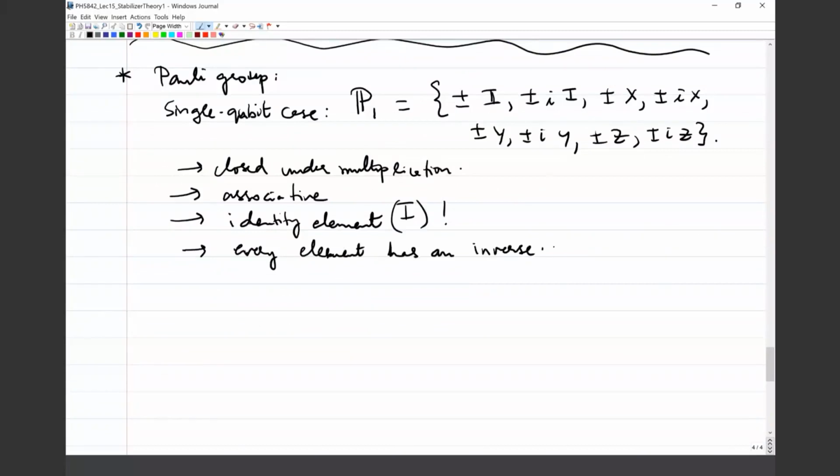So this forms a group under multiplication, that is standard matrix multiplication, but it is not a commutative group. It is not an abelian group. It is a non-abelian group. Non-abelian simply means that not all elements commute, right?